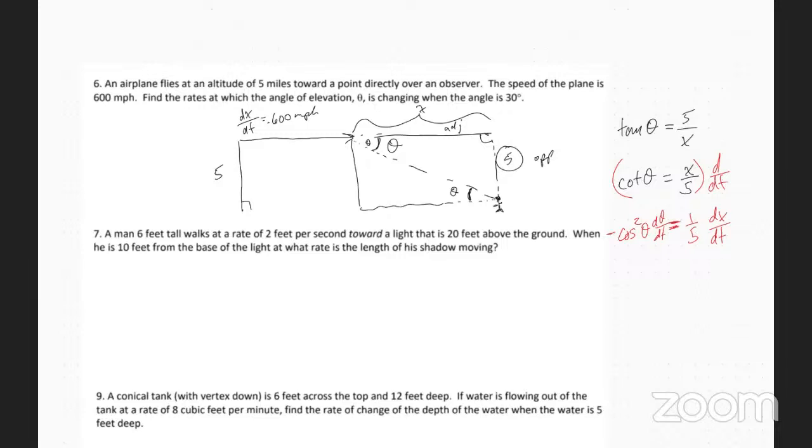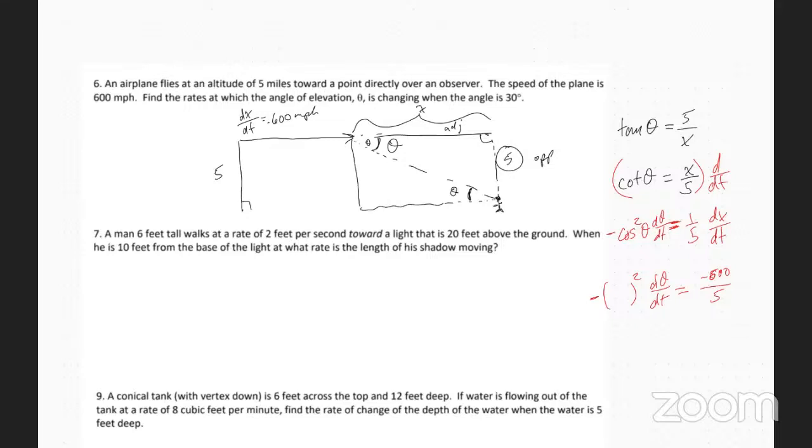So let's plug in all the stuff that we have. dx/dt is -600. So -600 divided by 5 equals d theta/dt times whatever the cosine of that angle is. What's the cosine of that angle? They said when the angle is 30. So when it's 30, what's the cosine of 30? Think of your unit circle.